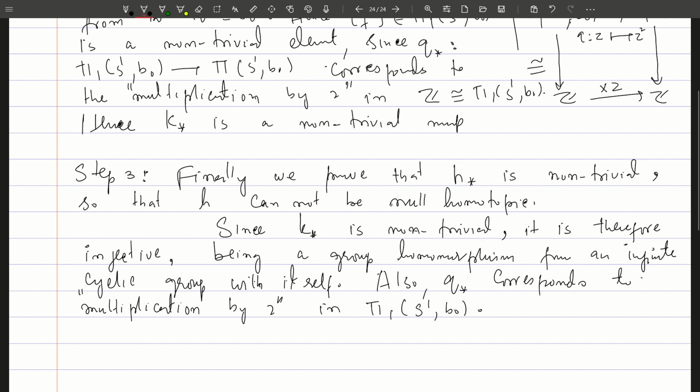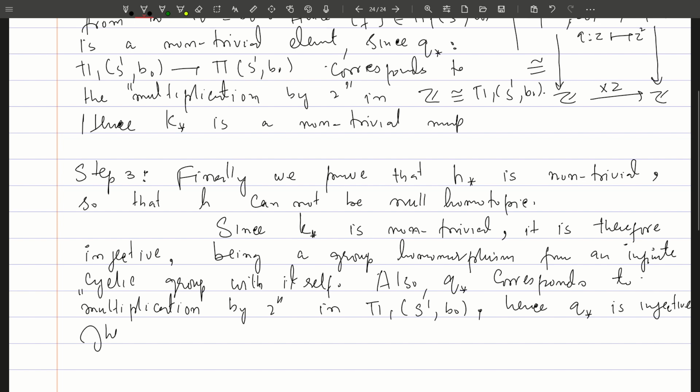So Q star is injective, K star is injective. It implies that hence Q star is injective.